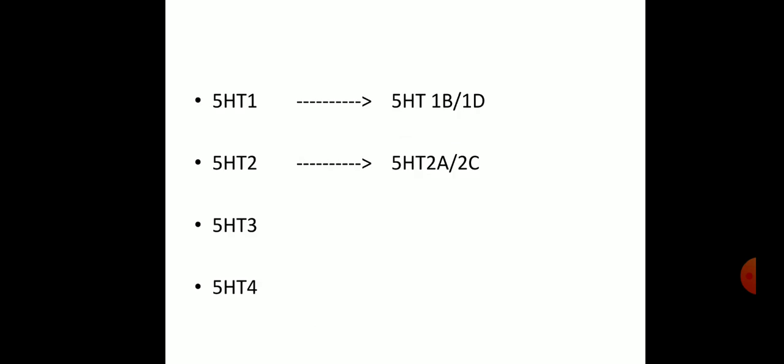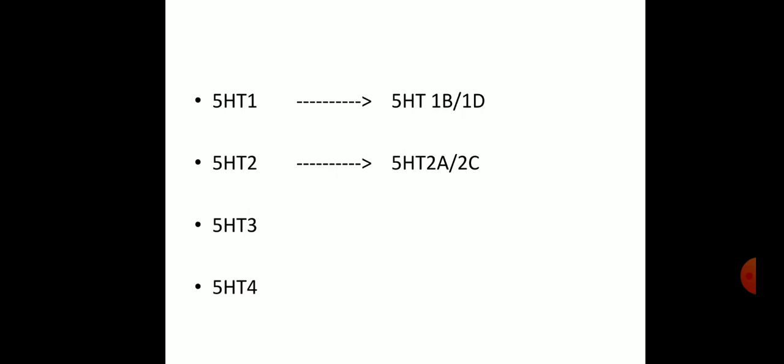Four receptors are very pharmacologically important: 5-HT1, 2, 3 and 4. For 3 and 4, there is no need to remember the subtypes. You just remember 5-HT3 and 5-HT4. But for 5-HT1 and 5-HT2, kindly remember the subtypes also.